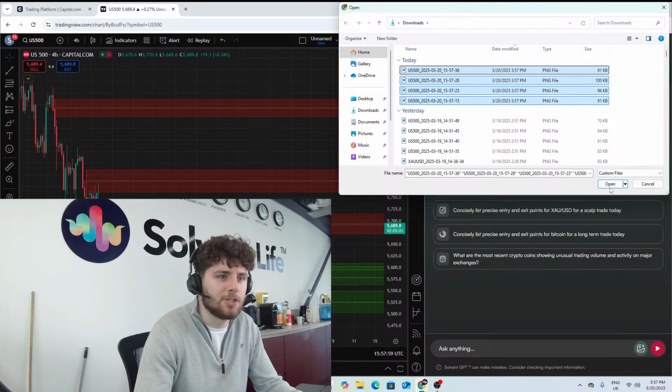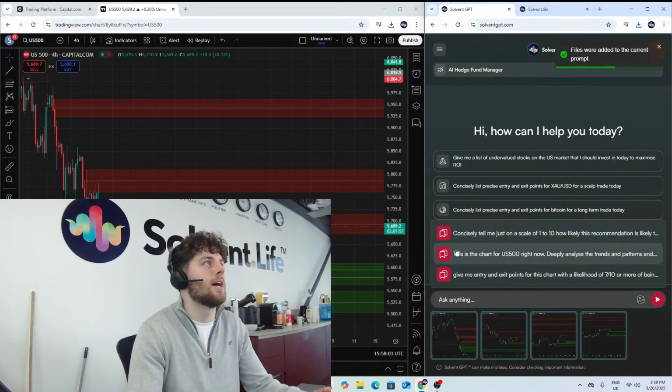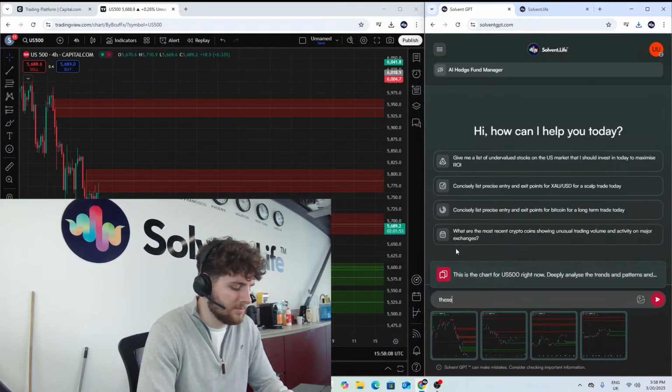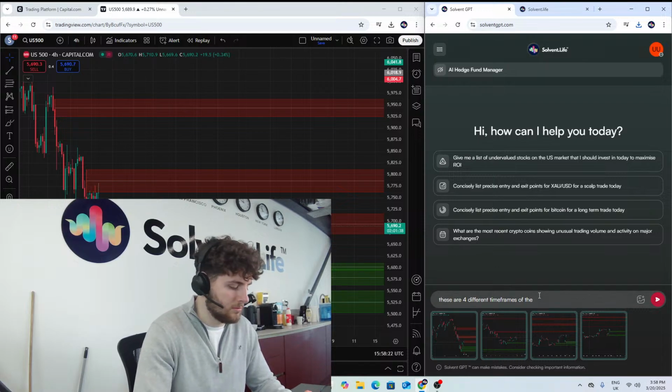Let's attach these images, and we're going to ask the GPT a question I've been asking quite a lot recently. We're going to say, these are 4 different time frames of the US 500.